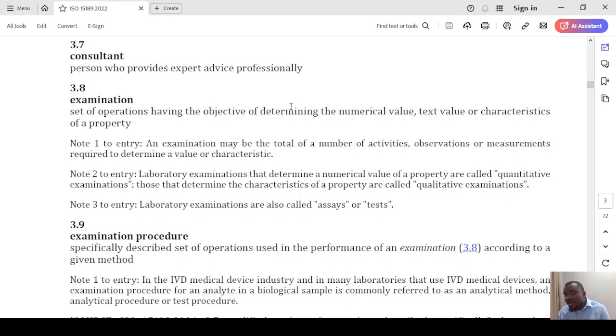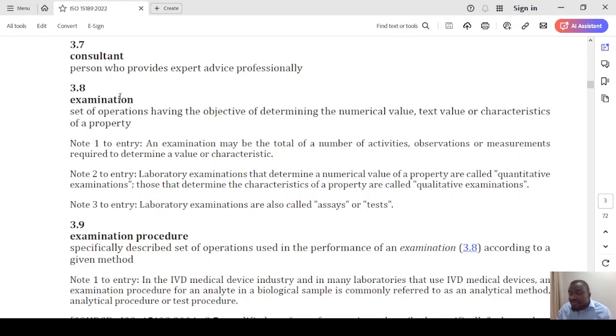Examination. We are all lab personnel, and we know that we are obtaining a value, whether it is descriptive or a numerical value, from the sample that we are analyzing. Those are the examination: everything that you do to obtain that value, whether numerical or descriptive.